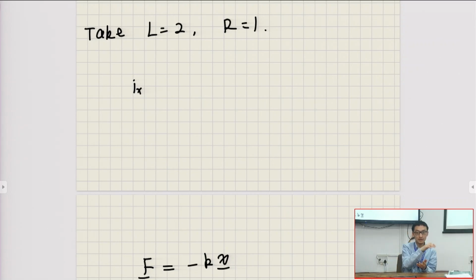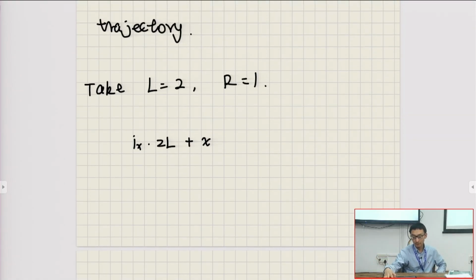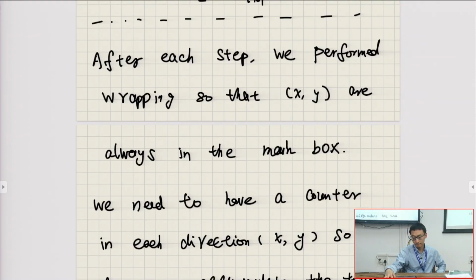It's an integer, so you multiply it by the length of the box. In our case, that's 2L. Plus the coordinate in your main cell. So that allows you to unwrap it to get the actual position in the unbounded space, right? So that's all you have to do to get back the absolute position.